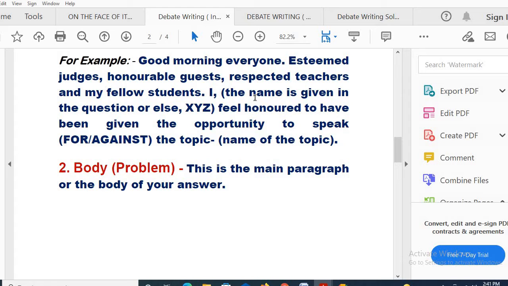Then you can write that name, or else you can do one thing also. If you don't want to mention your name, or if no name is mentioned there, or if only A, B, C or XYZ is mentioned, you can use that. The name is given in the question, or else you can mention XYZ.